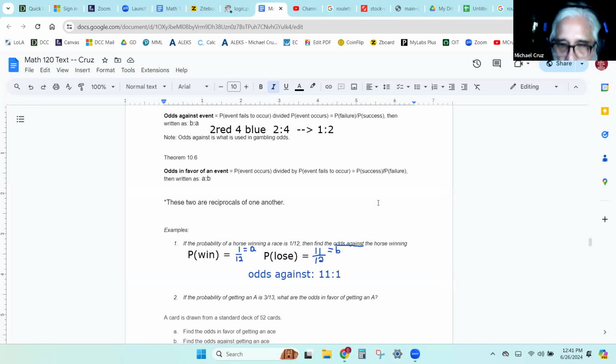And that's usually how gambling odds are. If you go to the track, you see a lot of those, they have the big number first, but the big number is the number of losses out of the total of 11 and 1. So out of 12 run-ins of that race, you can expect that horse to win 1 time and lose 11 times. Okay? Any questions about that?